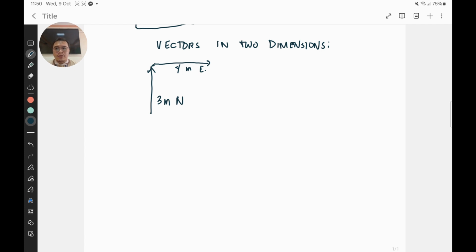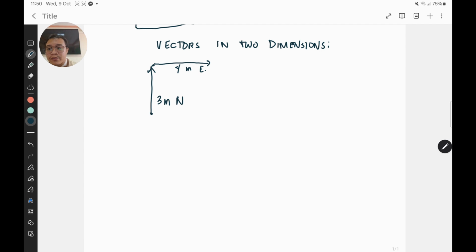Well, in order for you to find the resultant vector for this example, we need to apply what we call the tail to head method. So, what is tail to head method? Well, it simply means that we need to trace the resultant vector from the tail of the first vector, in which case is the 3 meters to the north.